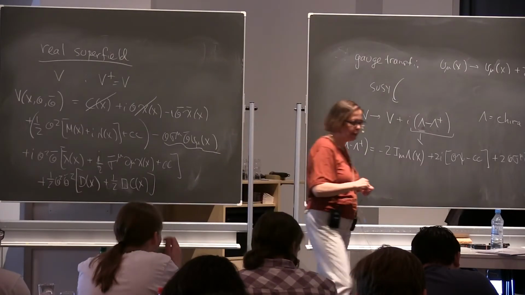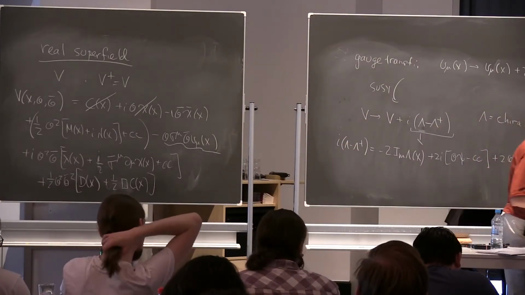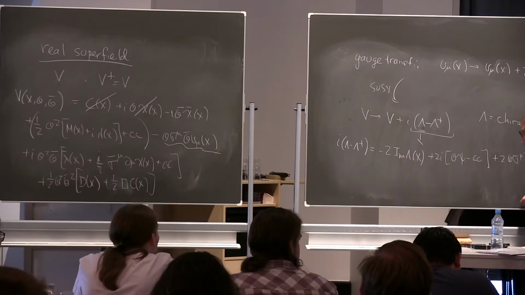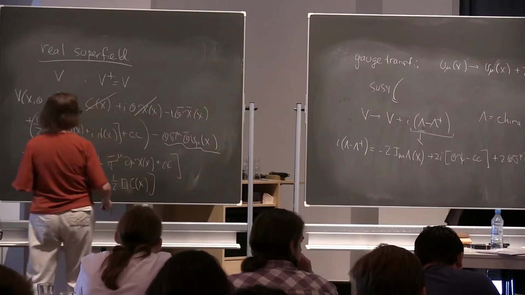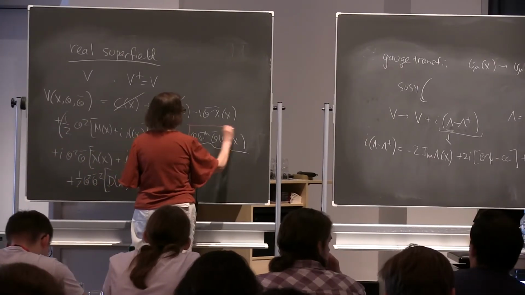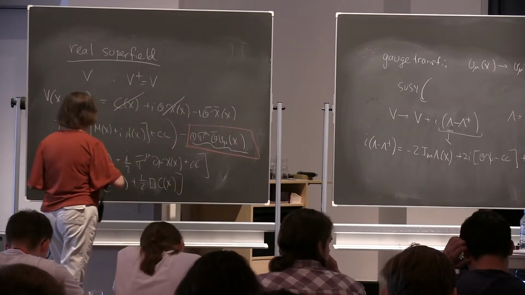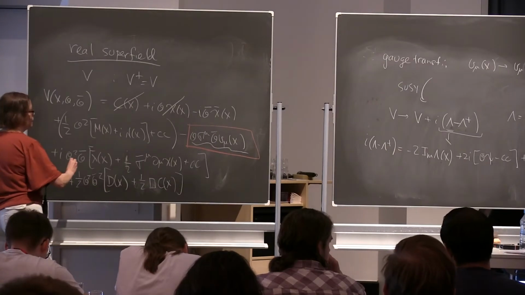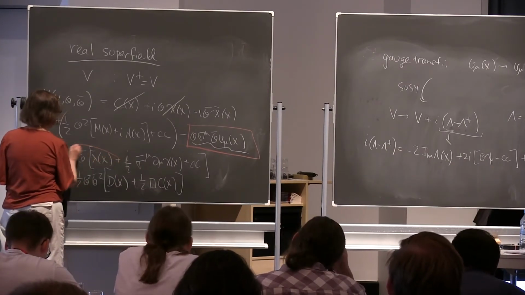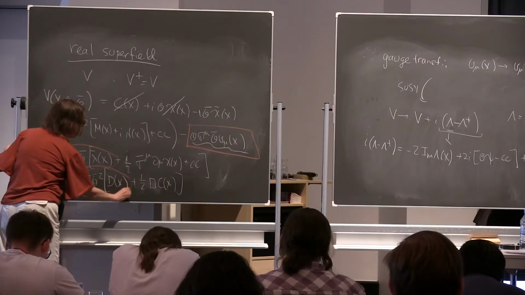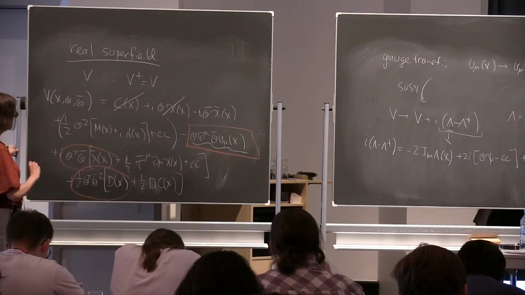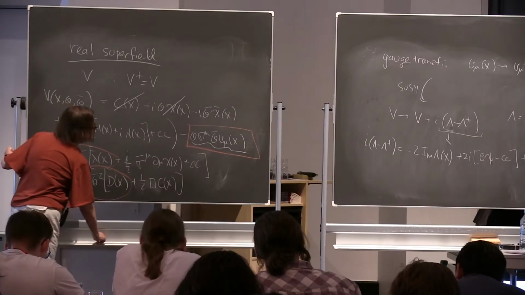Essentially, we can get rid of lots of stuff this way, except for the following things which will stay: this guy, and also this lambda here, and the D here. Everything else is stuff that we can get rid of.